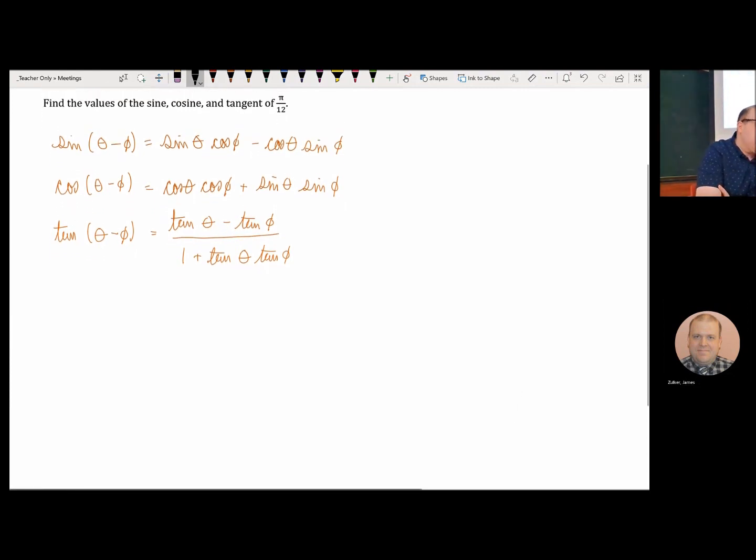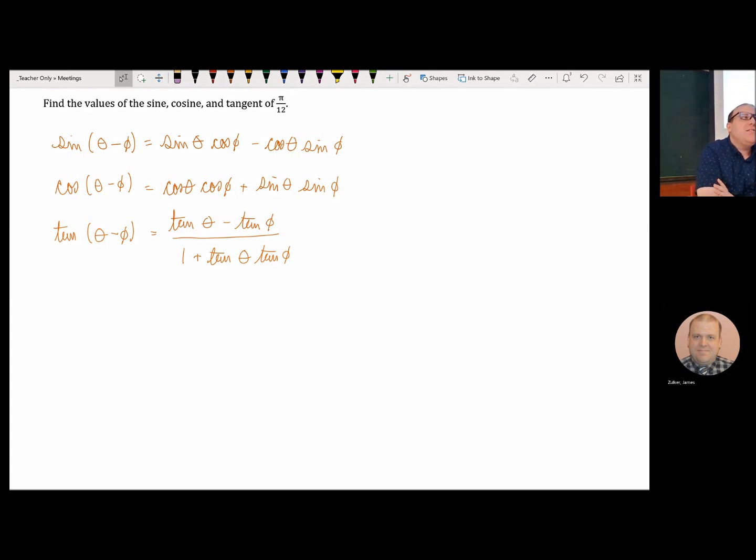So these are the identities. With the information that we had prior, it would not be possible to find the exact value of, say, sine of pi over 12, because that's not an angle that we have referenced before.